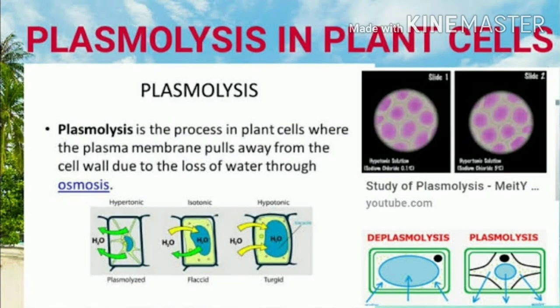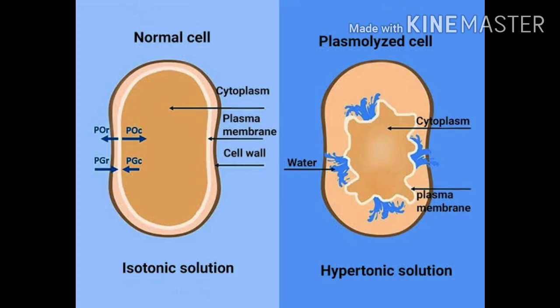So a question can be asked here: what will happen if a plant cell is placed in hypotonic or isotonic or hypertonic solution? If a plant cell is kept in hypertonic solution, the cytoplasm along with the cell membrane shrinks and separates from the cell wall due to the flow of water out of the cell.